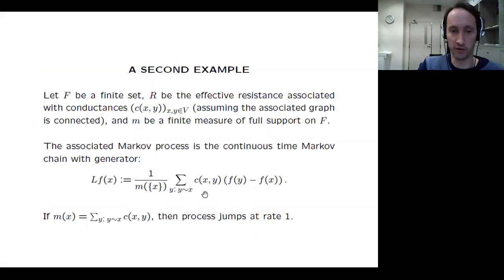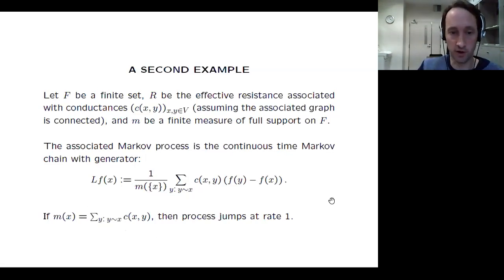So we have the conductances corresponding to the effective resistance metric here, which are determining the probabilities. And if you also have the measure, then this is determining the time scaling of the Markov process. So in particular, when this m is just the sum of conductances, this is just the process that's jumping at rate 1 from each side.